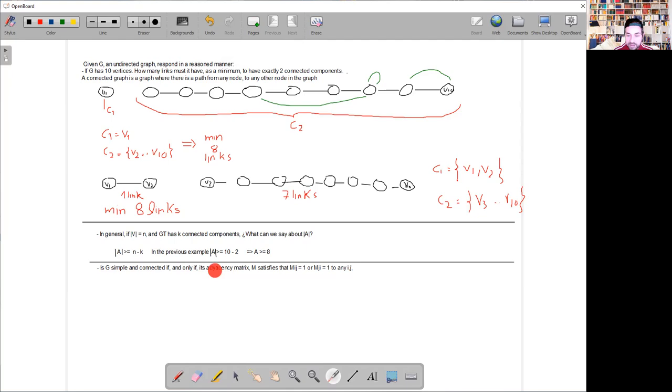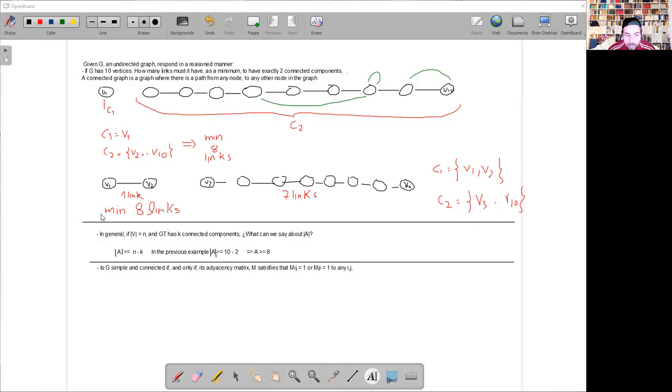Remember that the adjacency matrix only tells if 2 nodes are adjacent to each other, right? If there is a path of length 1 from one to the other. So think for a second about it. What is a connected graph? We have defined this already, right? And what is a simple graph?